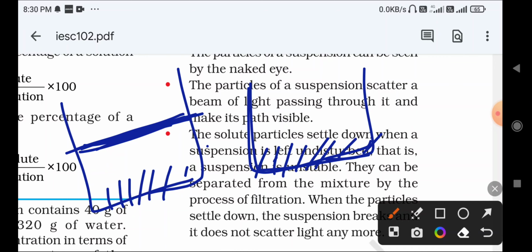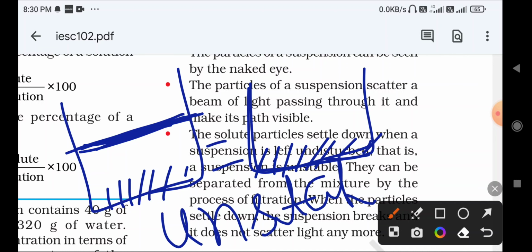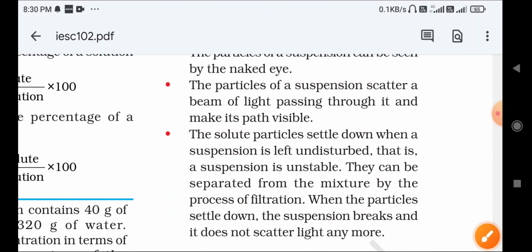So from this we can conclude they are an unstable solution. They do not stay in a particular position; after some time they are at the bottom of the container, whereas before that they were at the surface of the solution. So they are called unstable solutions.